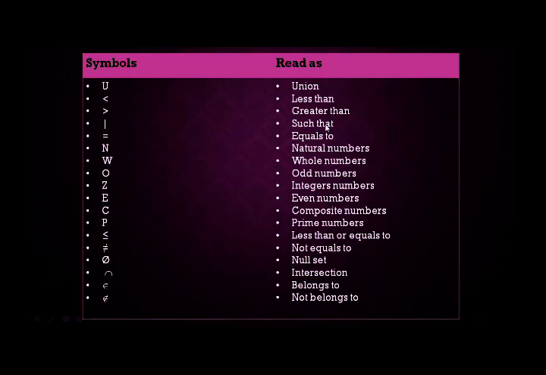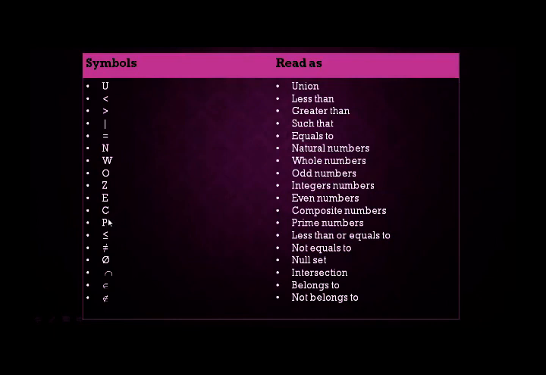This vertical line represents such that. This is equals to. N represents natural numbers, which we have already discussed in the previous slide. W represents whole numbers. O represents odd numbers. Z represents integers. E, even numbers. C, composite numbers. P, prime numbers.